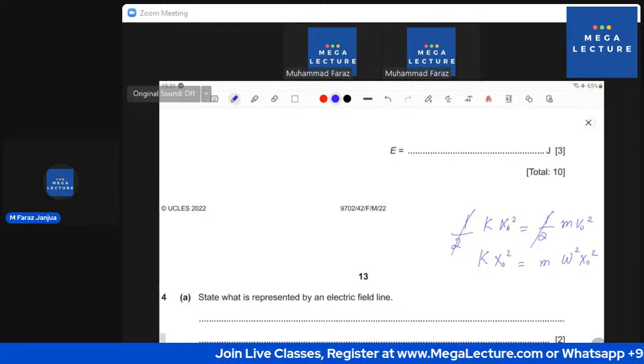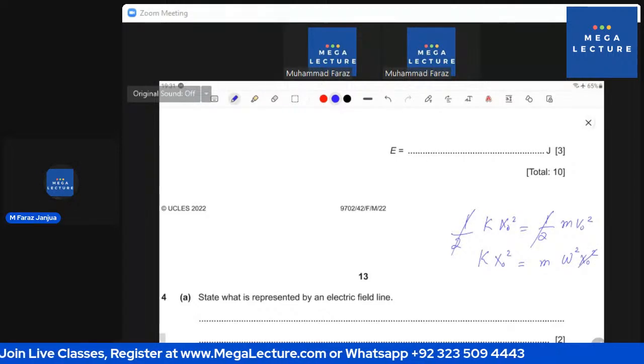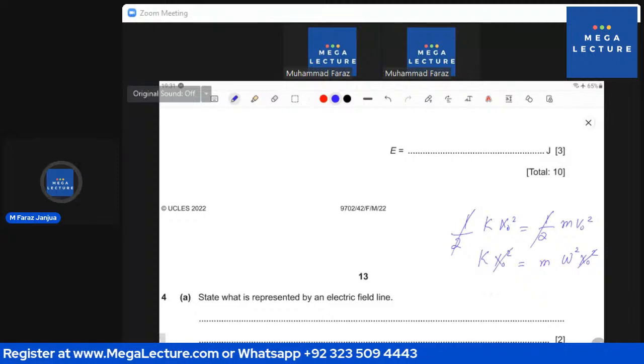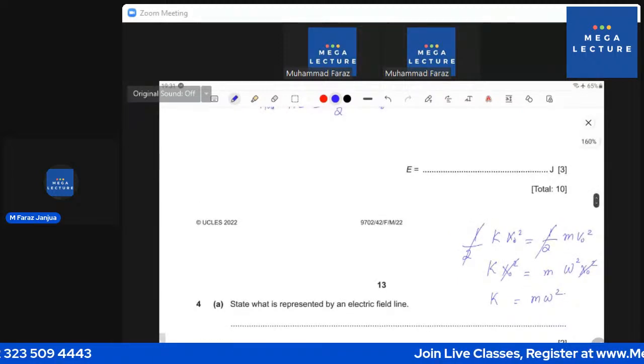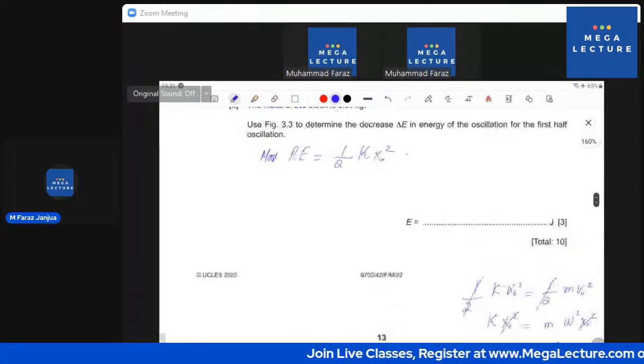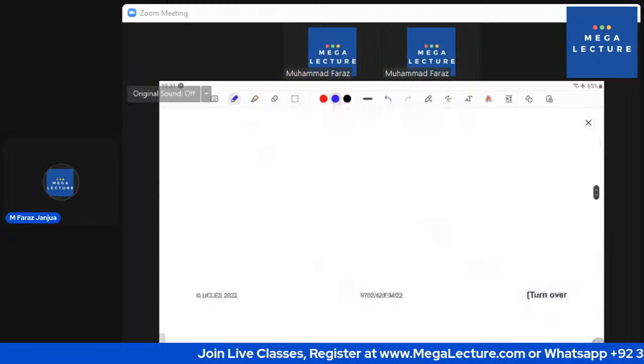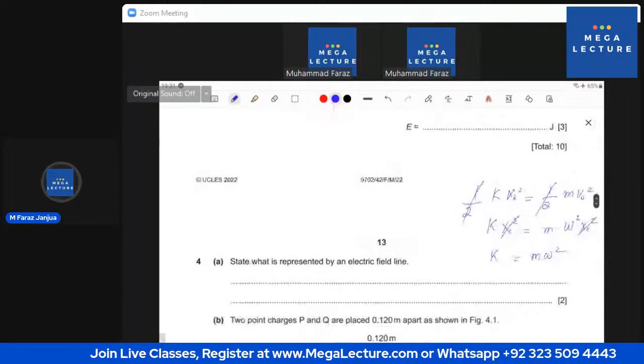So K equals m omega square, so we can find K now.